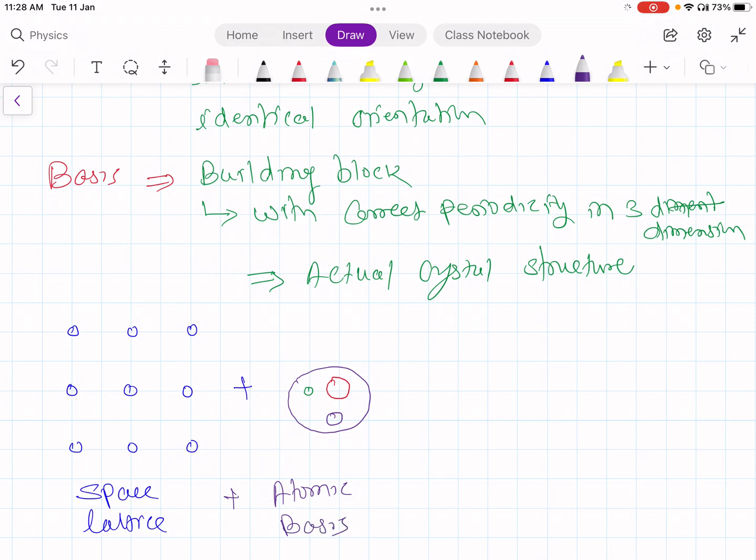As per the definition, every lattice point here is associated with, as per our example, three atoms. These lattice points are an imaginary concept, so instead of showing the lattice point at that position, we have to show the atomic basis.